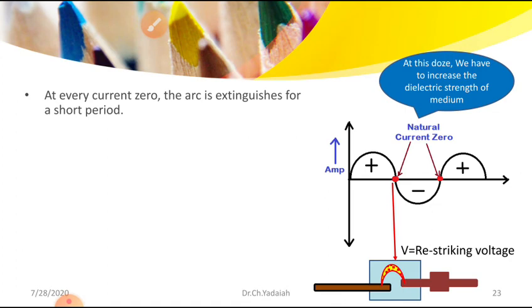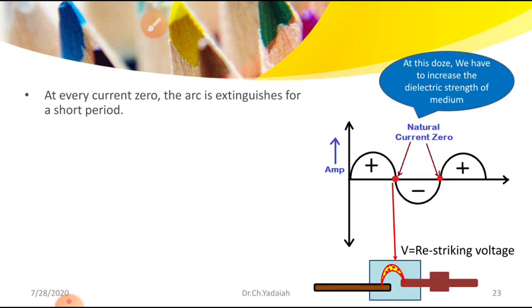Once the rabbit takes a dose or nap or sleeps, the tortoise continues to go and win the race. Similarly here, once the fault current comes to the zero position, it takes a nap. During this period we have to do something to nullify the arc.